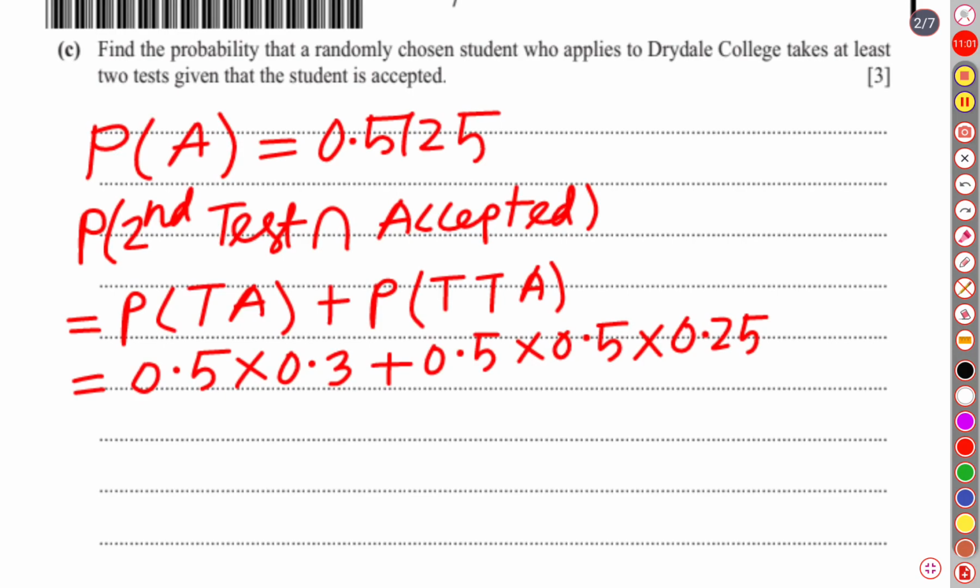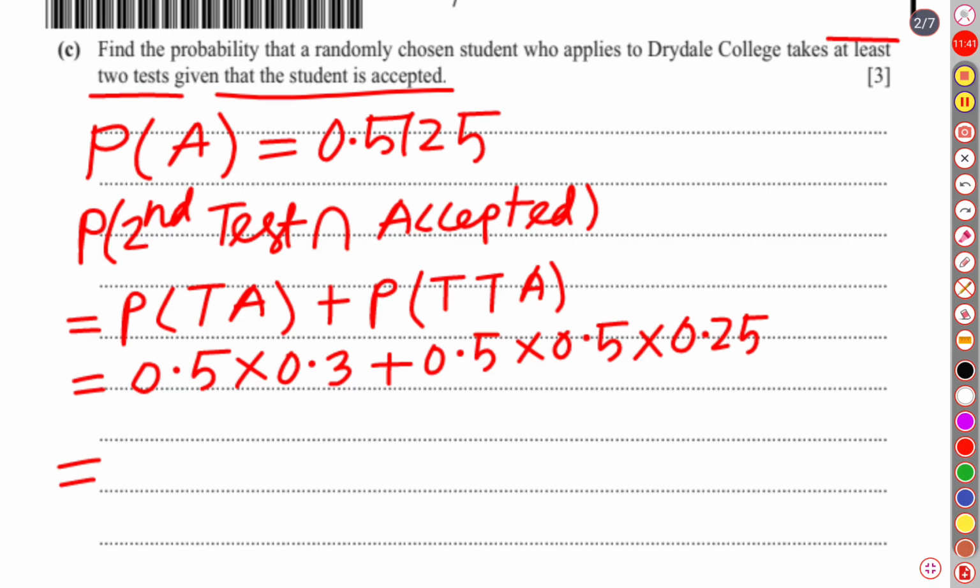Look at this: find the probability that a randomly chosen student who applies to Drydale College takes at least two tests, given that the student is accepted. At least two tests means he was given the first chance, and then the second time he succeeded. So the first one was T, the second one was accepted. Or the first time he was given a chance, the second time also he took the chance, and the third time he was accepted. So first two T's and then accepted.